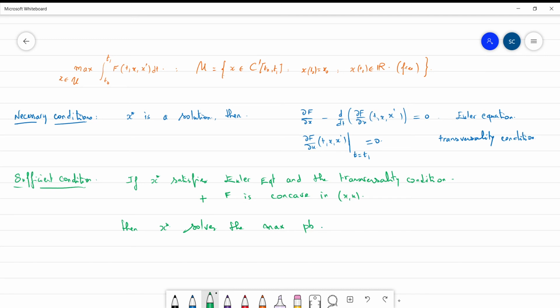We don't have to go through the proofs. They are similar to the first case, when we had both conditions, where we looked at the space with x(t0) equal x0 and x(t1) given equal to x1. The proofs for those two are similar, so we don't have to go through them.